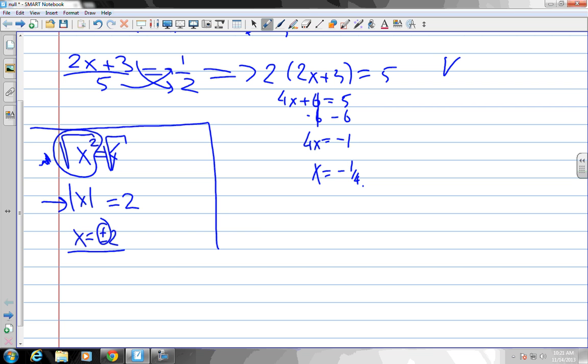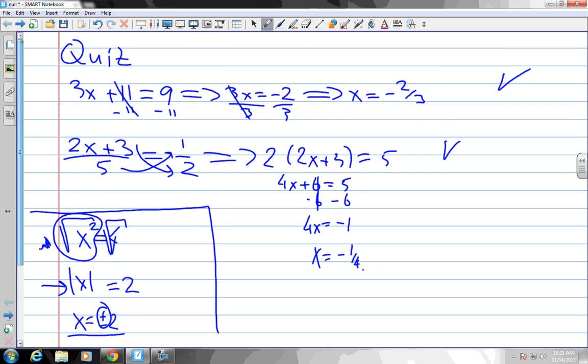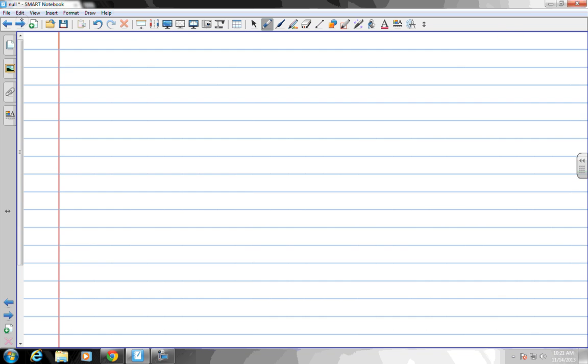Okay, so we're going to focus more on equations like that today. But again, it'll basically come down to solving linear equations. So we're going to look at 2 types of equations today.